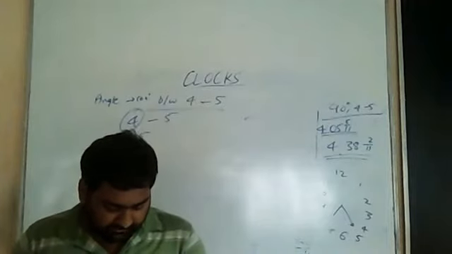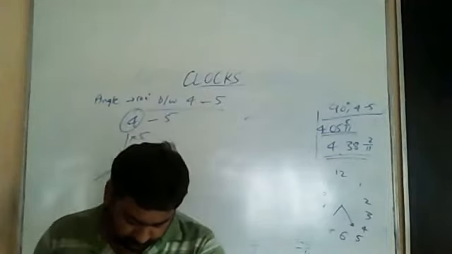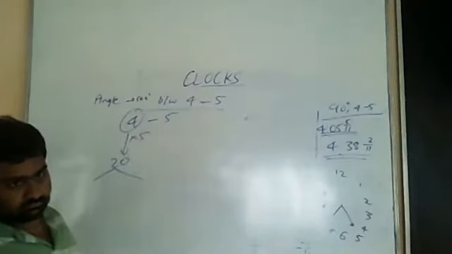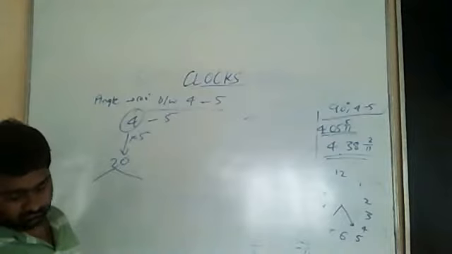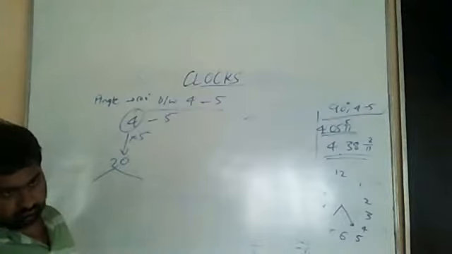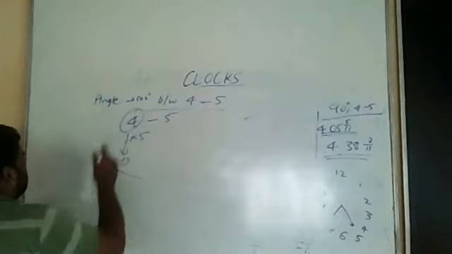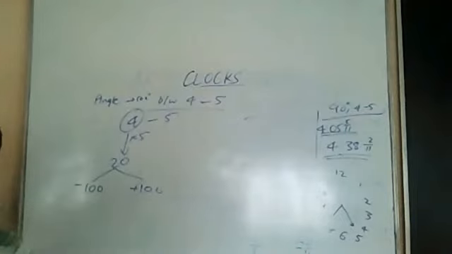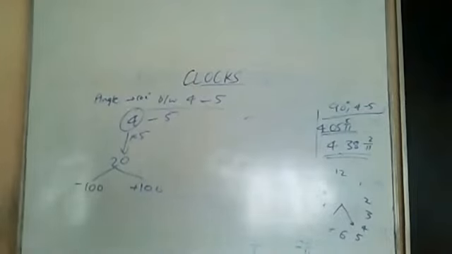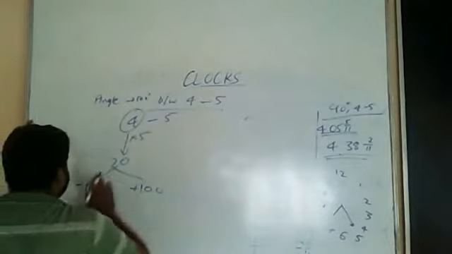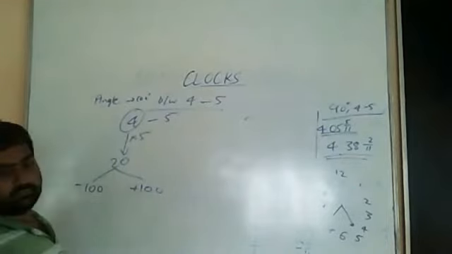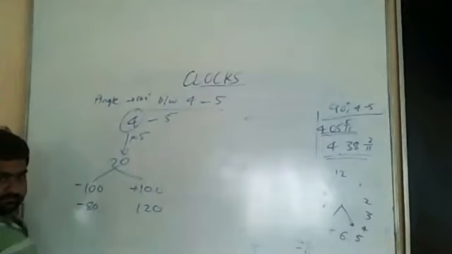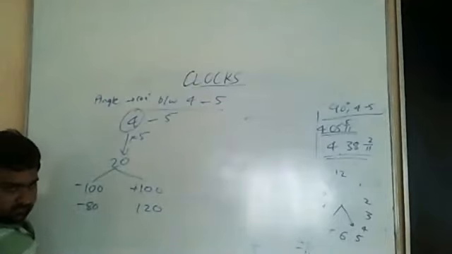Can someone tell me? You just subtract 100, and you add 100. This is also going to work. If they say 100 degrees, you just subtract 100 and add 100. You are going to get minus 80 and you are going to get 120. Correct?